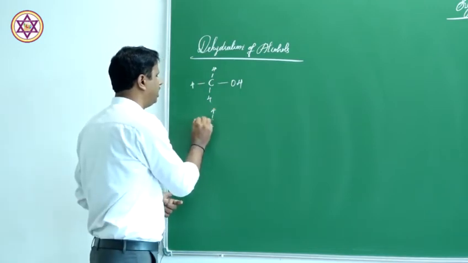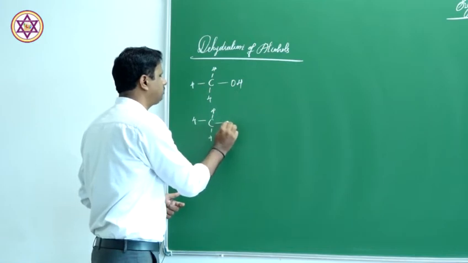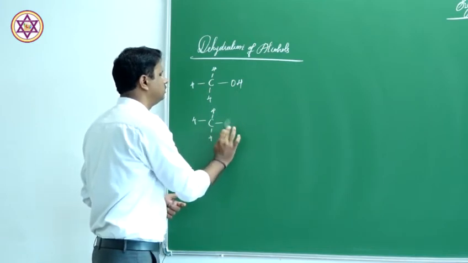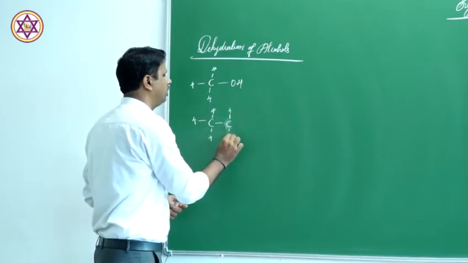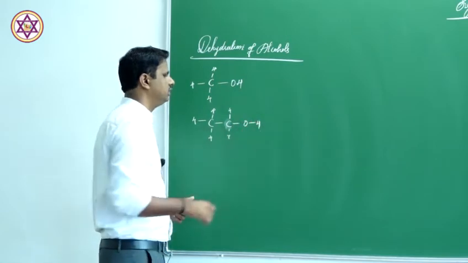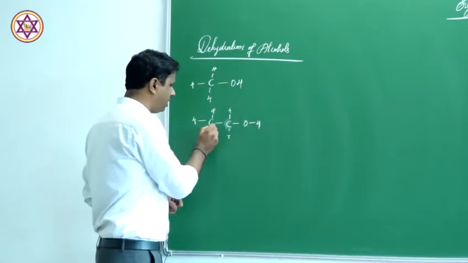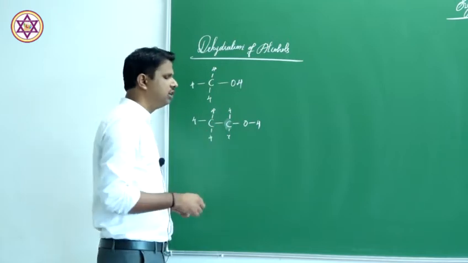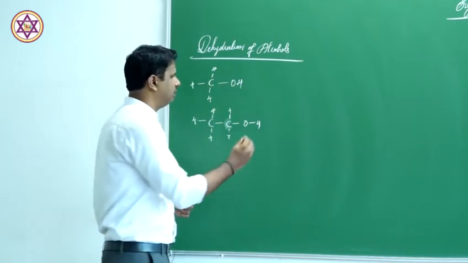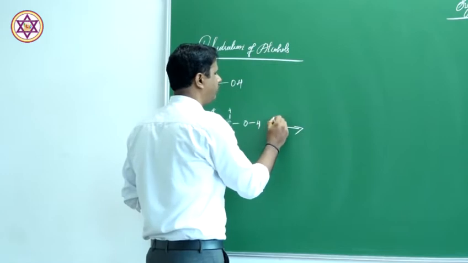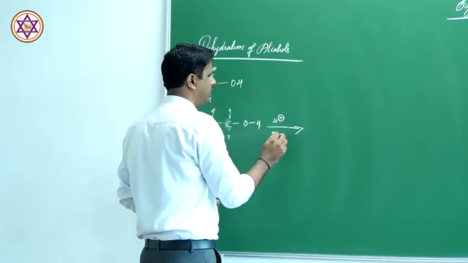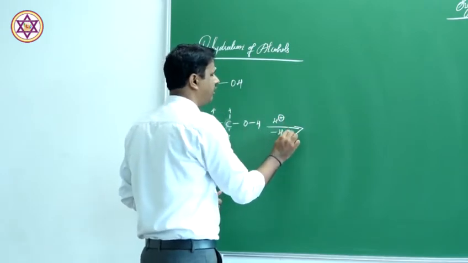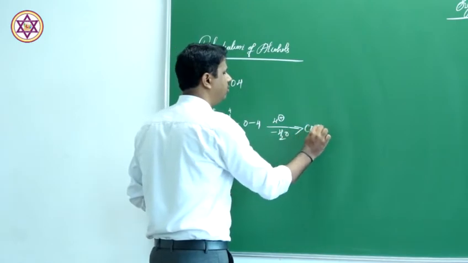Say, for example, we take ethyl alcohol, CH3CH2OH. In this case, we have a beta carbon atom and beta hydrogen, so we can eliminate. If I add a small amount of acid, it undergoes dehydration to give the ethene molecule.